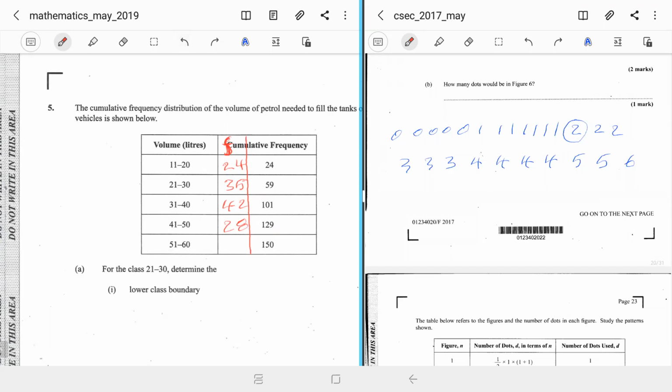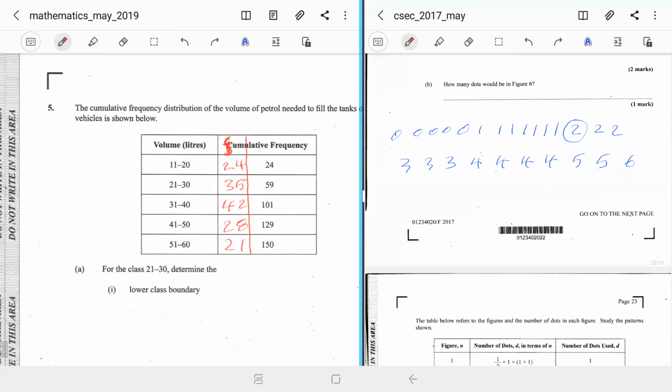You're going to subtract them, right? 150 minus 129, 21 more. And then when you add these up, it must add up to 150. You can double check it that way. So 24 plus 35 plus 42 plus 28 plus 21 equals 150.